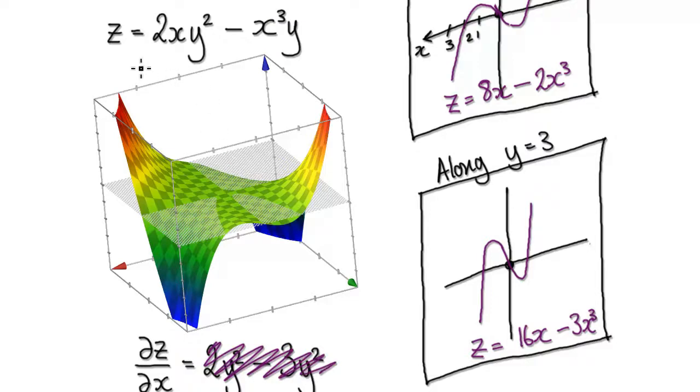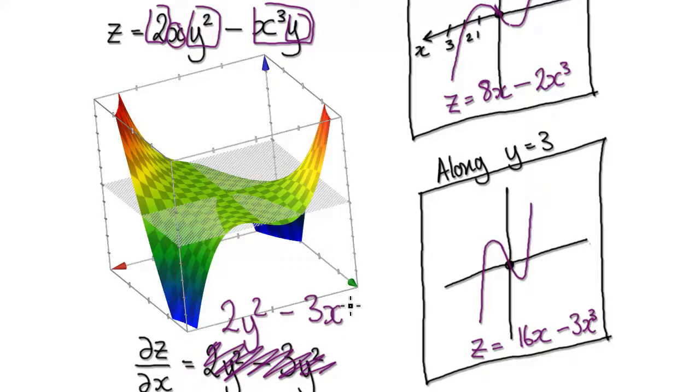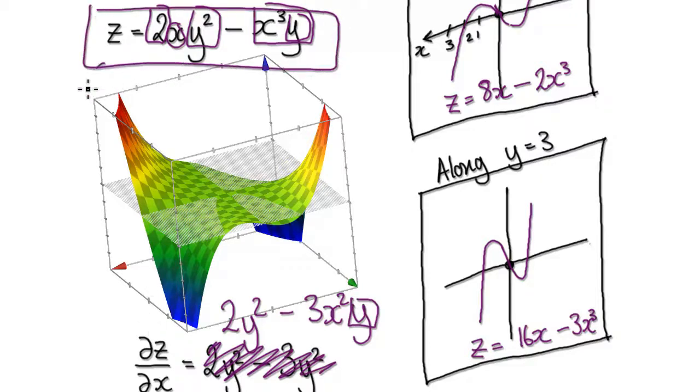So when you partially differentiate this with respect to x, this is a constant. This is a constant. So it will then become 2y squared. And then when you come to differentiate this with respect to x, y is a constant, so that would be minus 3x squared y, because y is just a constant. So when you partially differentiate this with respect to x, it will then give you this.